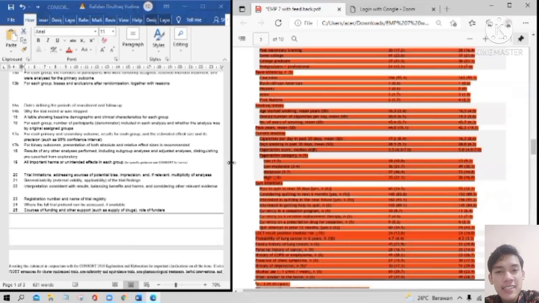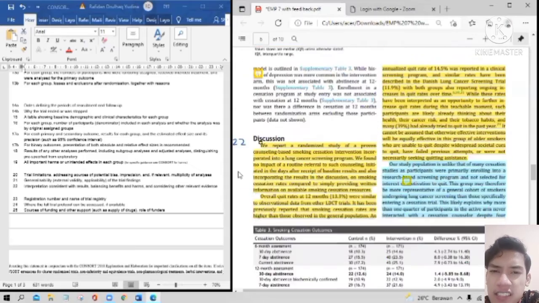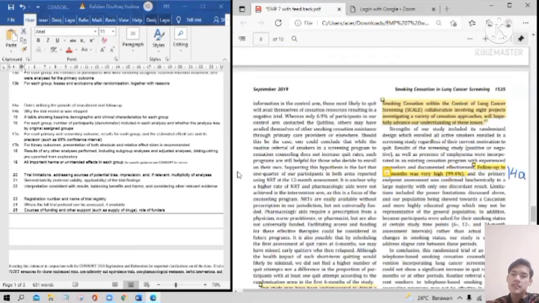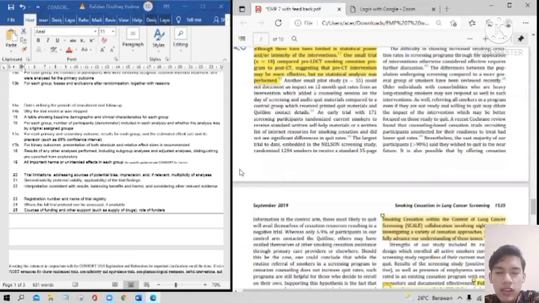For number 16, for each group, the number of participants included in each analysis and whether the analysis was by original assigned group. Number 16.